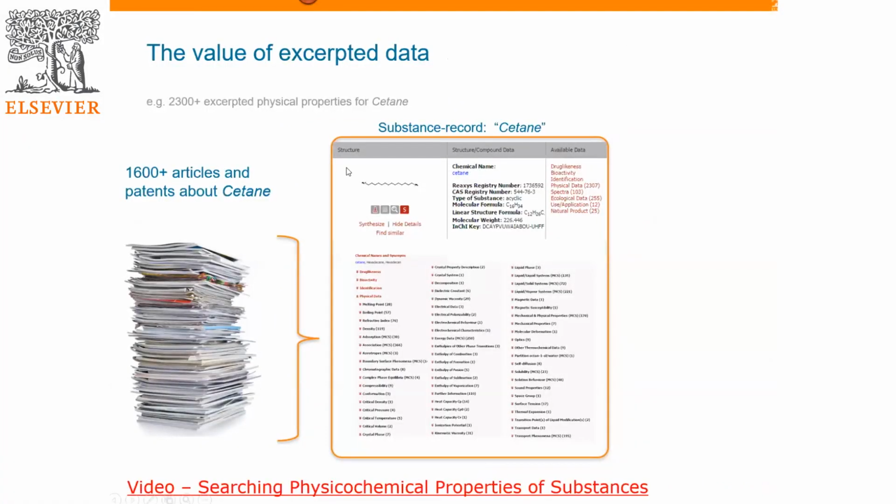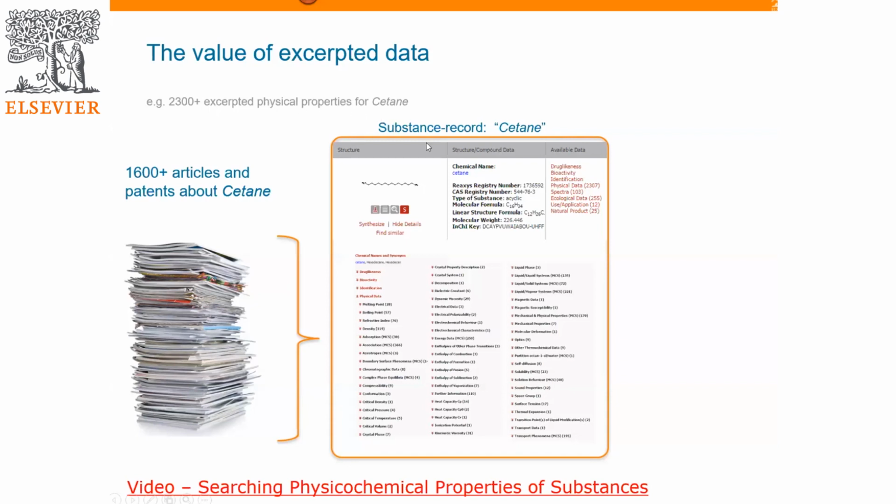How is this possible, and what does it look like? This is a slide which explains the value of excerpted data. For example, just for one compound, cetane, which is well known in the petrochemical industry, in Reaxys we have more than 2,300 excerpted physical properties.